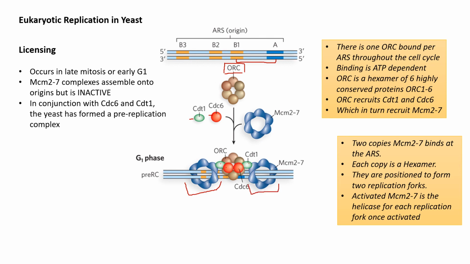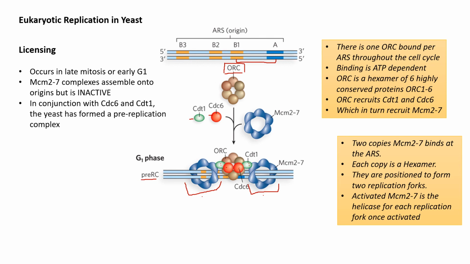So once the full pre-replication complex is assembled, you can see that there's one ORC anchoring the whole thing, and then we have two copies of CDC6, two copies of CDT1, and then two copies of MCM2-7.